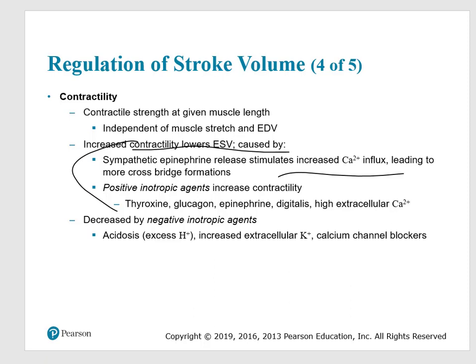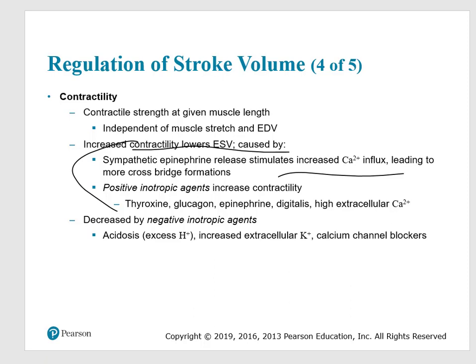So when you contract hard, the left behind blood will be less. Okay, so the left behind blood, the end systolic volume, that 50 ml that's left behind, will be lesser than 50, which means the blood that's pumped out will be more.